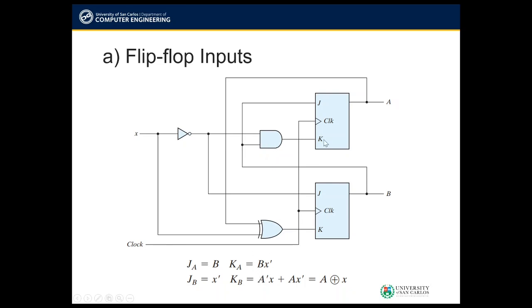And that would become the input for KA. For the second flip-flop, this is JB now. JB comes from X' and KB comes from AX, or X, and we can rewrite that in its sum of products form.